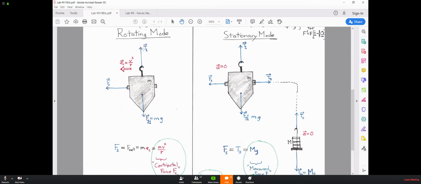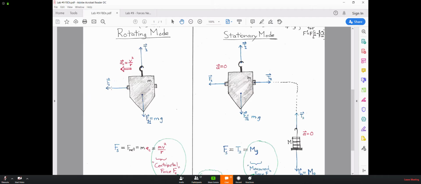There's the vertical string upward. I'm going to call that T1, I guess. There's the gravity force downward. And I don't care too much about those because T1 and FG1 are equal and opposite, and that takes care of the vertical dimension. I care about the horizontal dimension. There's a horizontal spring force, and that is the only horizontal force on the object when rotating.